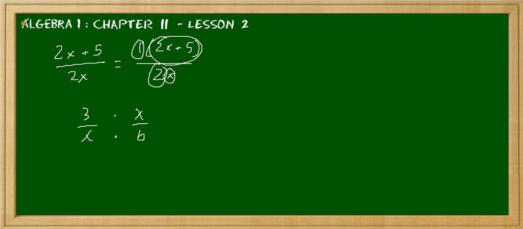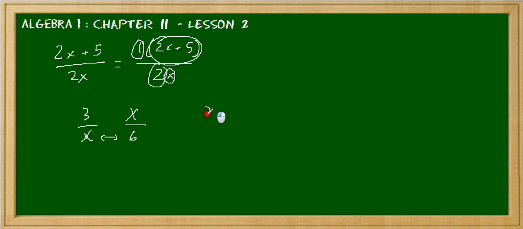I'm sorry, I'm not multiplying the fractions, we're multiplying by the denominators. So let me just rewrite that. We have 3 over x, and we have x over 6. So for us to have a common denominator, we have to multiply these two, at least changing the fraction.